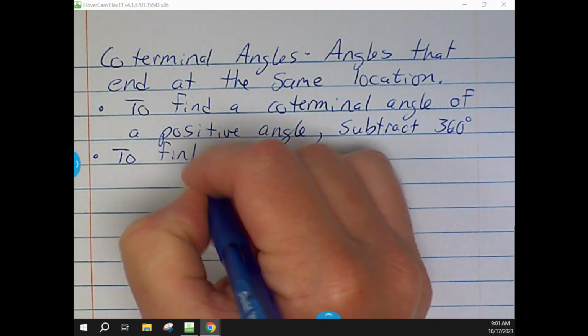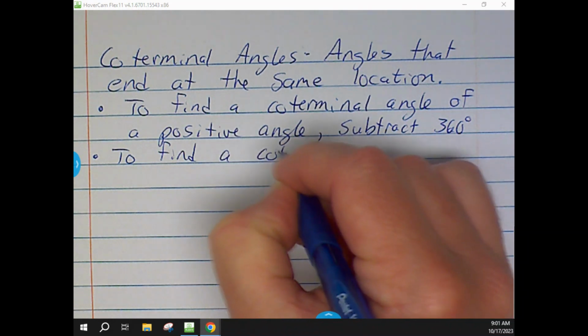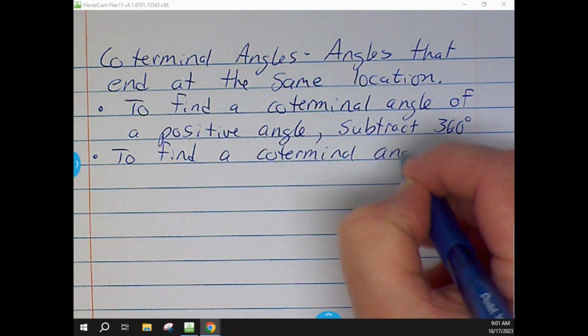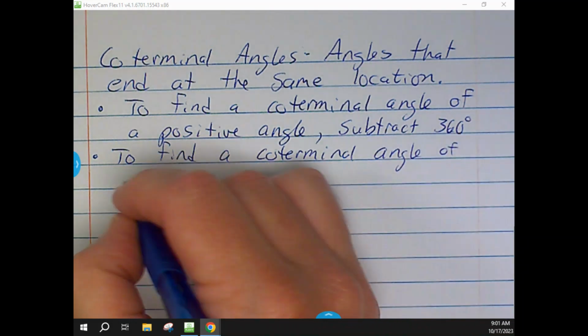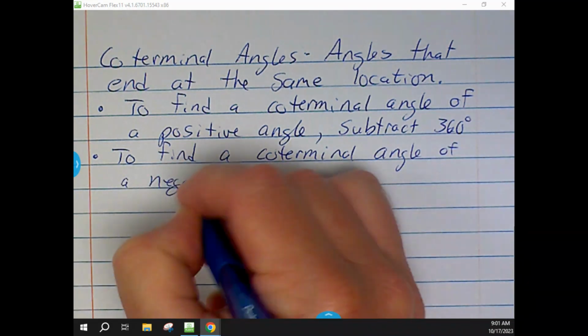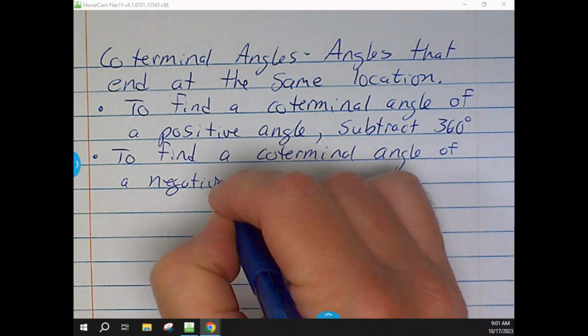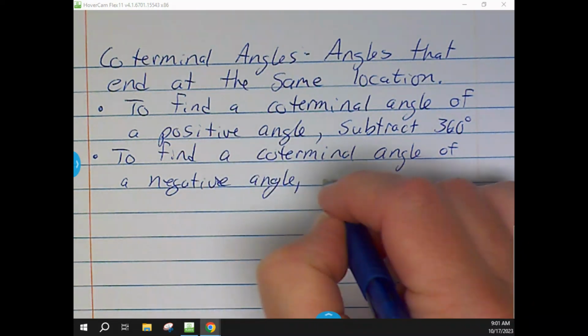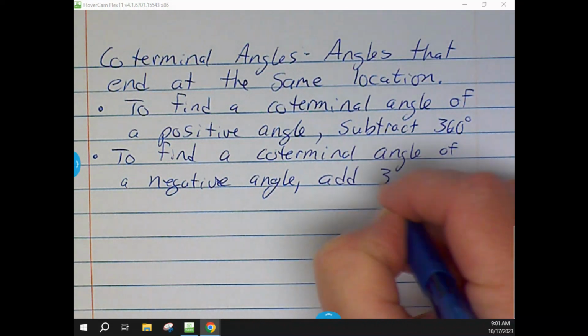And to find a coterminal angle of a negative angle, you just add 360.